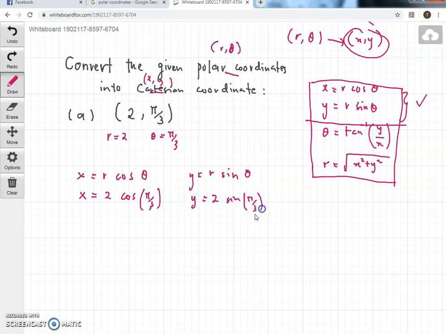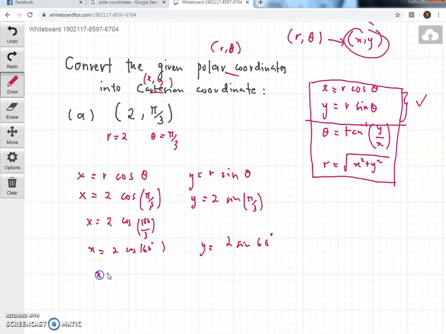You can press your calculator to get the values of cos pi over 3 and sin pi over 3. But please be careful. If your calculator is in degree mode, you need to change the value of pi here to 180. So usually your calculator will be in degree mode, so you are going to get here 2 cos 180 divided by 3, which is x equals 2 cos 60 degrees. And here we can see that y is 2 sin 60 degrees.